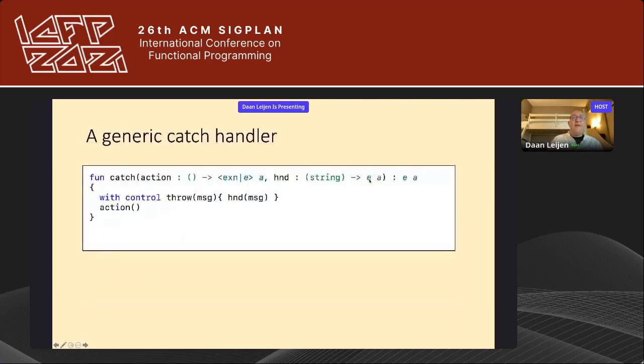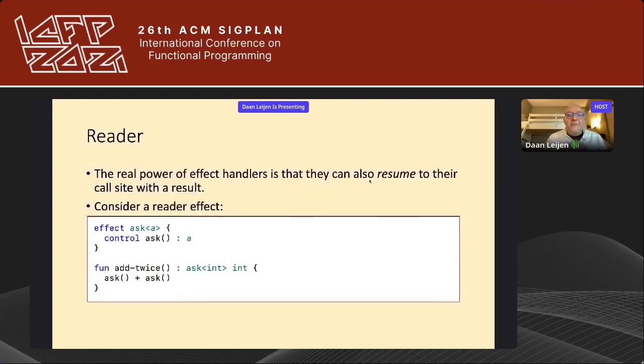Another, maybe the biggest thing with effect handlers: what is the difference now with exceptions? Well, effect handlers can resume, right? So you can go back to the call site where the original operation was called. One of the most basic forms of that is a reader effect. So we can define an effect ask of some particular type, and we define again a control operation ask, and it will return that particular type.